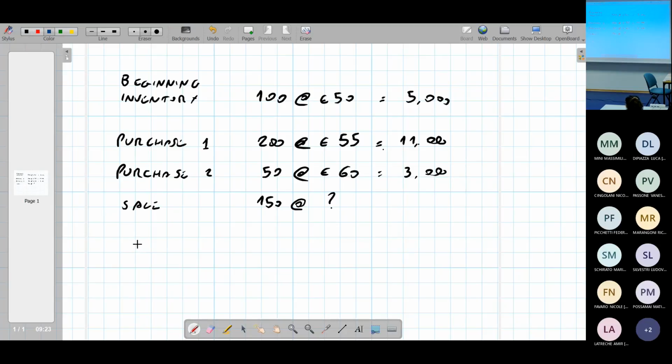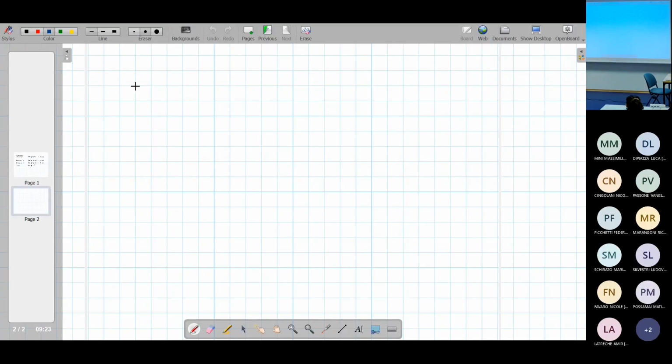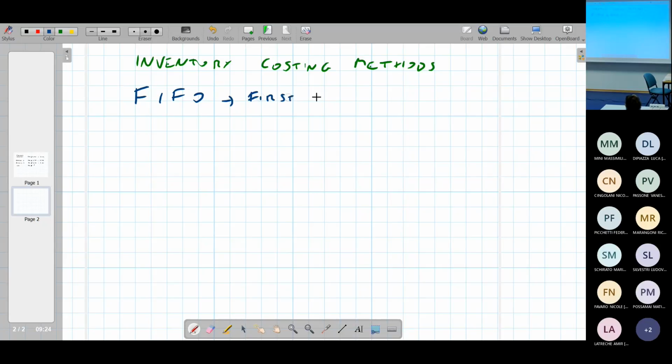You can use a method called FIFO, first in, first out. That's one of the inventory costing methods. FIFO means first in, first out, which is reasonable.